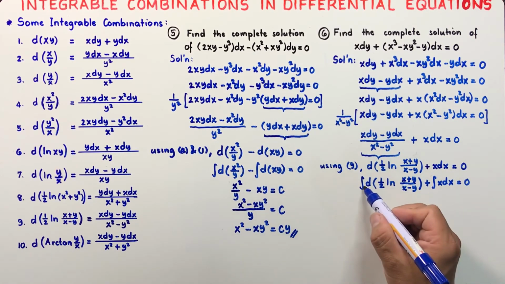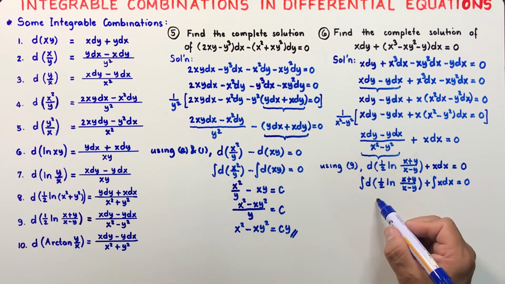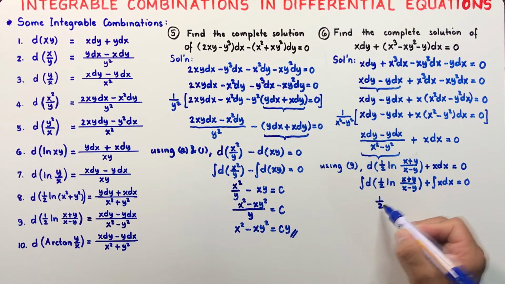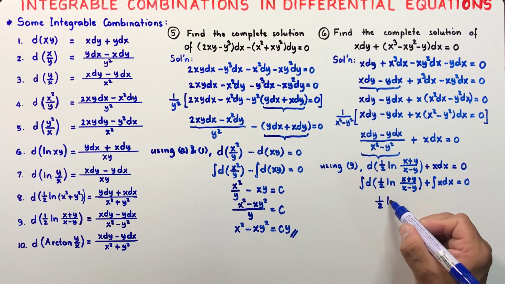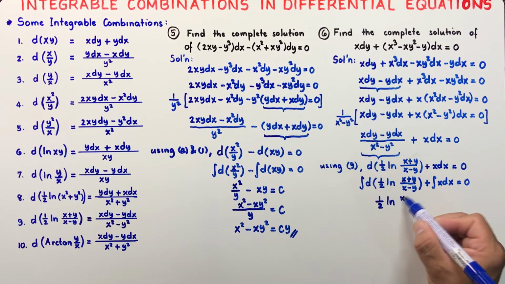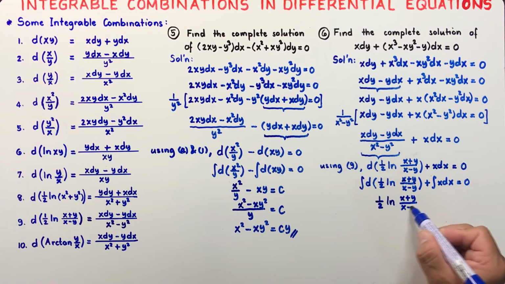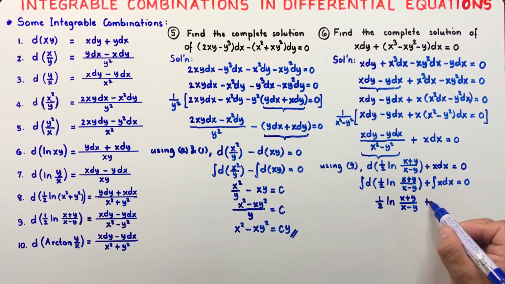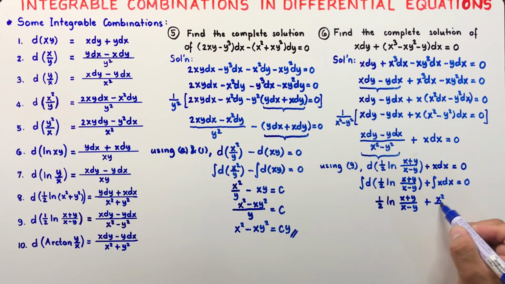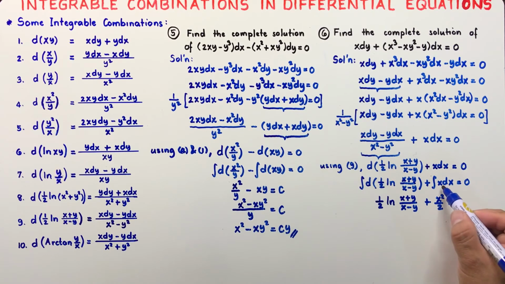And we know that the integral of the differential cancels each other, so we have 1/2 of the natural log of x plus y divided by x minus y plus x squared over 2, which is equal to the constant of integration c, because the integral of x is x squared over 2 using the power rule in integration.